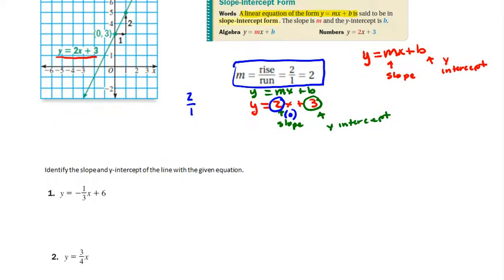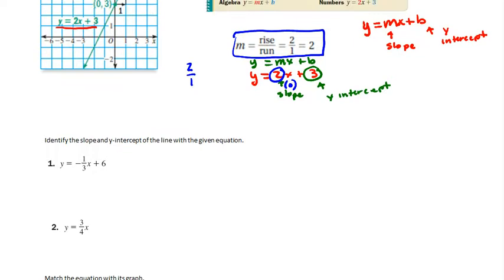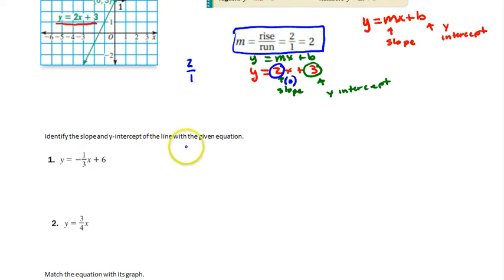So let's practice this a little bit here. We want to identify the slope and the y-intercept of the line with the given equation. So here's our equation, y equals negative 1/3 x plus 6. If we take our slope-intercept form, y equals mx plus b, that would mean that 6, which is b, is our y-intercept.